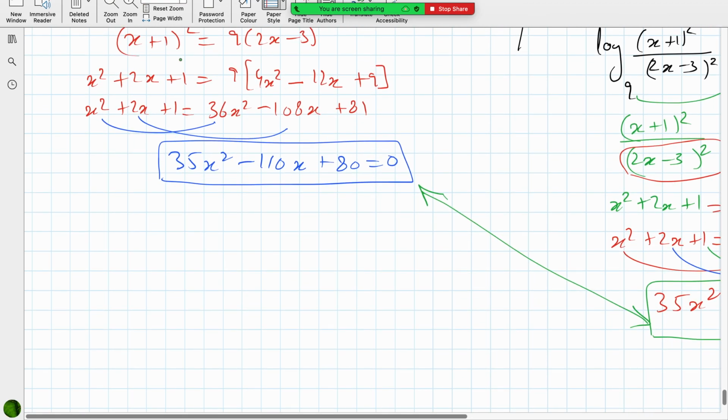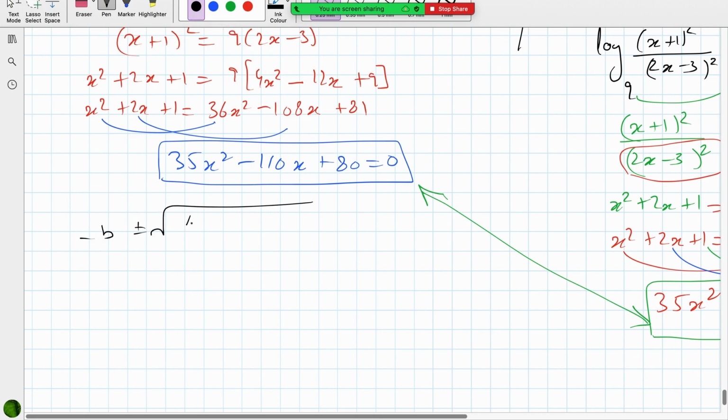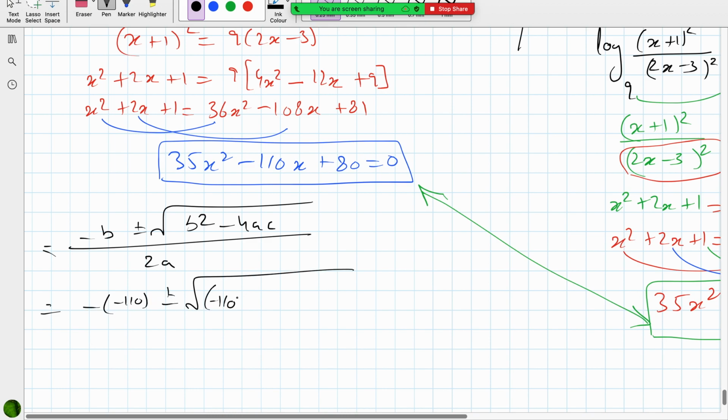Now for the value of x, I'm going for quadratic formula. Minus b plus minus square root b square minus 4ac over 2a. So this is minus 110 plus minus square root b square minus 4 into a into c divided by 2a, and use of calculator.